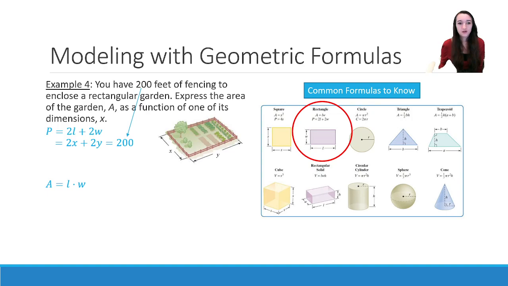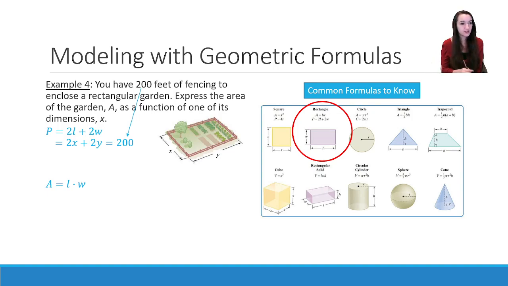So our perimeter, our 2L plus 2W, I'm going to convert that into 2x plus 2y, simply because that is what is given in the drawing and told to us in the description of the problem, but it's the same thing. So our length is x, our width is y. It's all equal to 200. Our perimeter is 200.